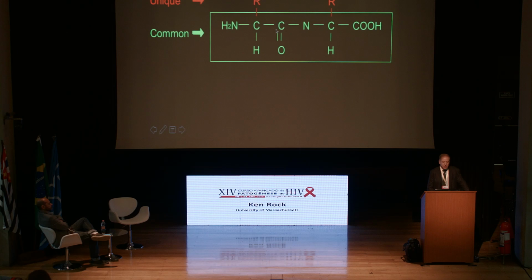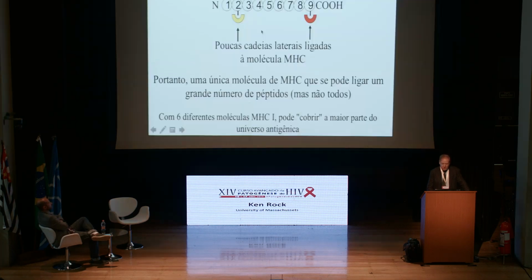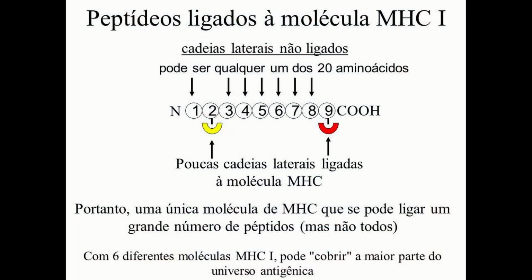So to a first approximation, this is what the immune system attempted to do, but it couldn't get quite enough affinity to bind these peptides solely by focusing on the common areas. And so what it needed to do is to bind a couple of side chains. This is a typical size of a peptide that binds to Class I molecules.